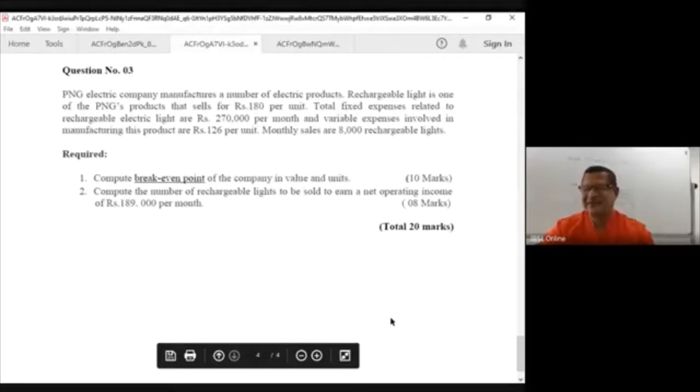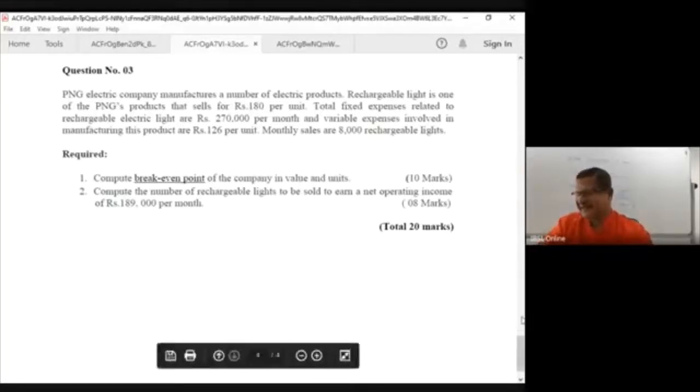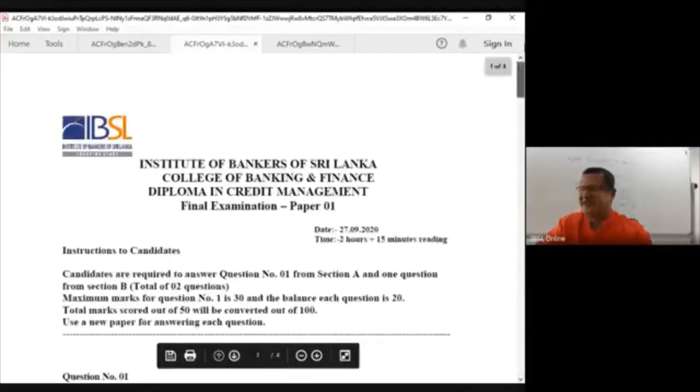There's only up to question number 3. I think question number 5 was the risk related one, which is not listed in today's presentation. So I think I may not be able to take that.